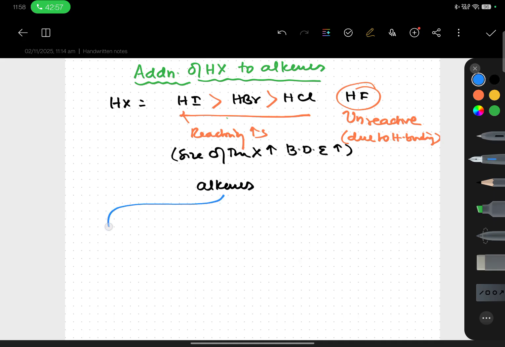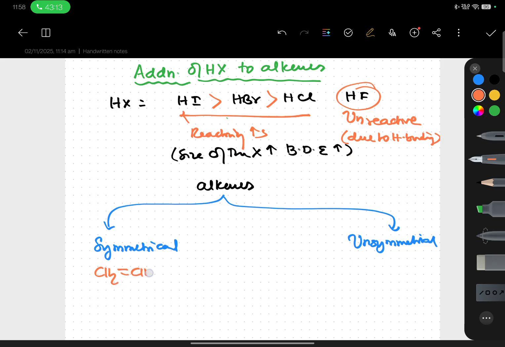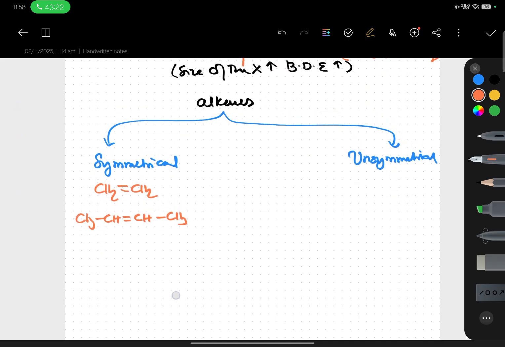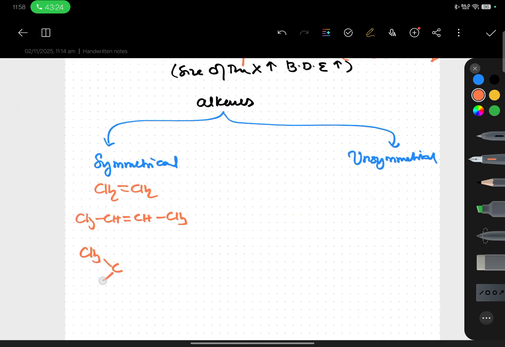Alkenes are of two types. Number one, symmetrical alkenes. Number two, unsymmetrical alkenes. Example, CH2=CH2, CH3CH=CHCH3, (CH3)2C=C(CH3)2.